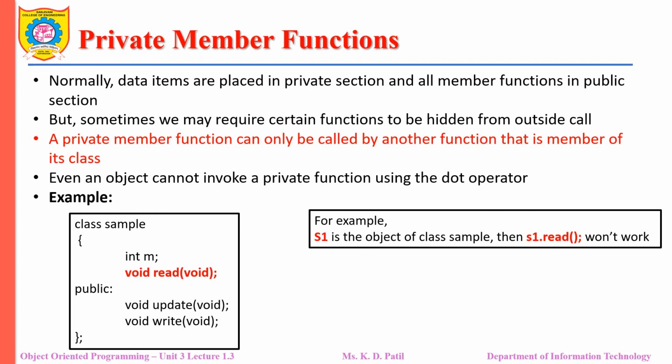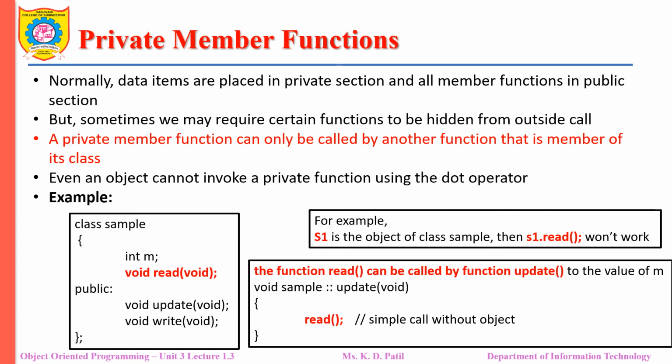So how can we use it? We have two member functions which are public here, that is the void update member function and the void write member function. Out of these two, one or both of the member functions can call the read member function inside them directly. Let us see how. The function read can be called by the function update, or it can be called by the function write, to modify or update the value of m.